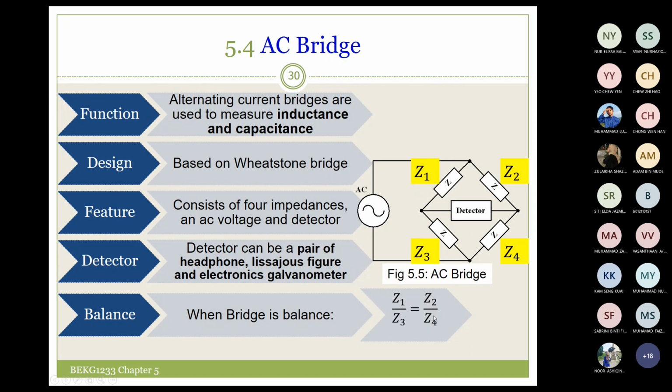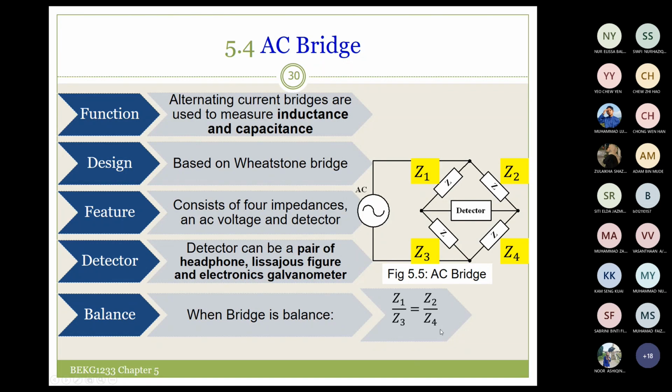If the bridge is balanced, then you get this value, the same as the Wheatstone bridge, where Z1 over Z3 is equal to Z2 over Z4. So the right is balanced with the left.